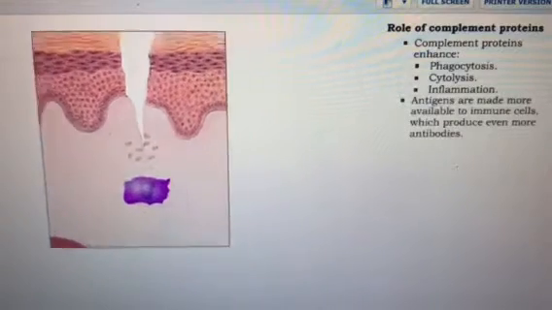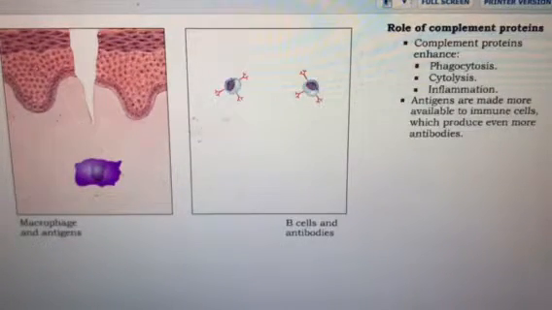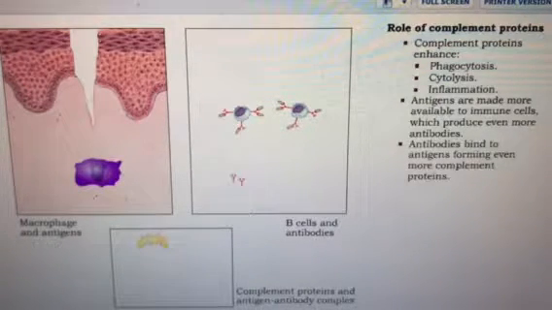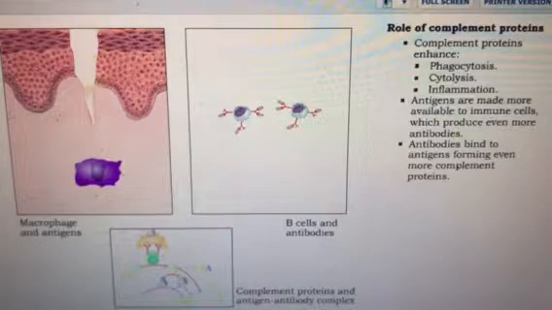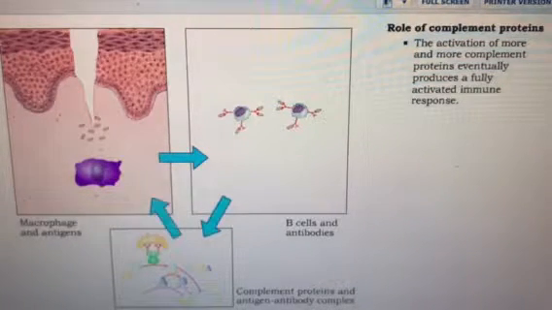As the immune response is enhanced, antigens are made more available to immune cells, which produce even more antibodies. Antibodies bind to antigens, forming even more complement proteins. This results in the activation of more and more complement proteins, and eventually produces a fully activated immune response.